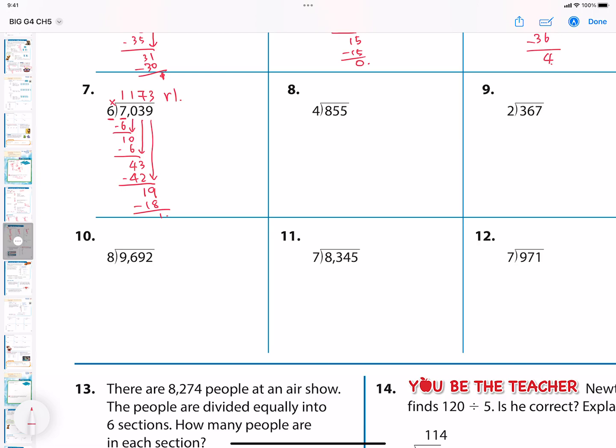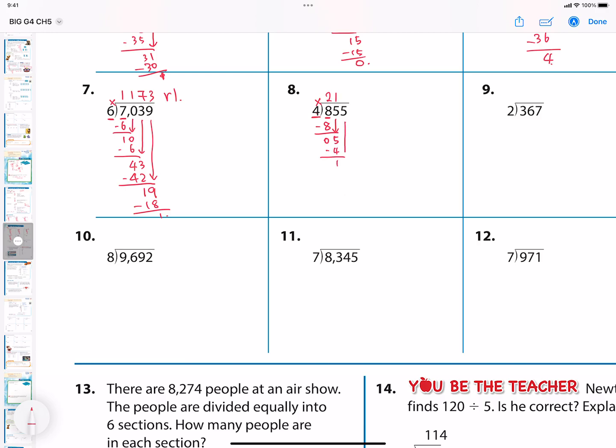Okay? Try. All right, so now compare this 4 and first digit of the dividend. Yes, I know 4 can fit into 8 by what? 2 times this time, right? 4 times 2 is what? 8. Take away nothing. So bring down 5. So now 4 can fit into 5 by what? 1, which is 4.